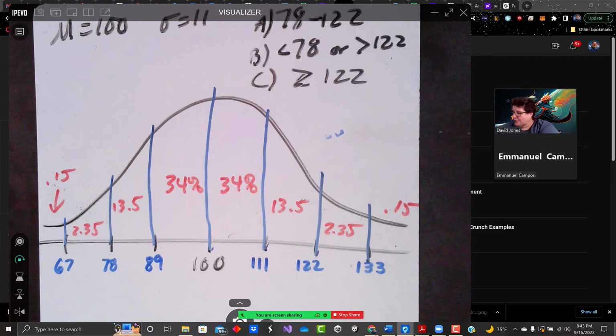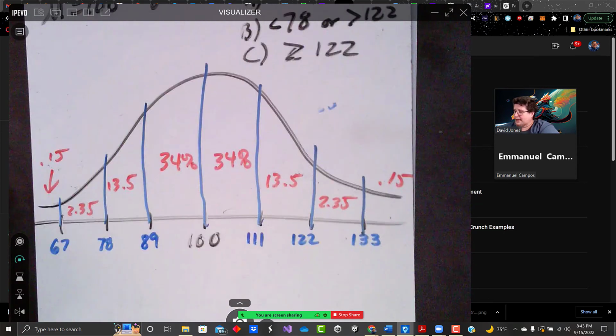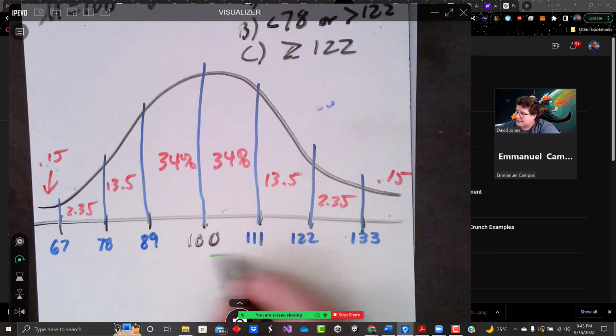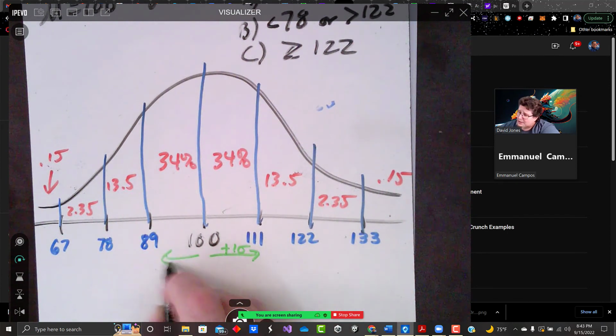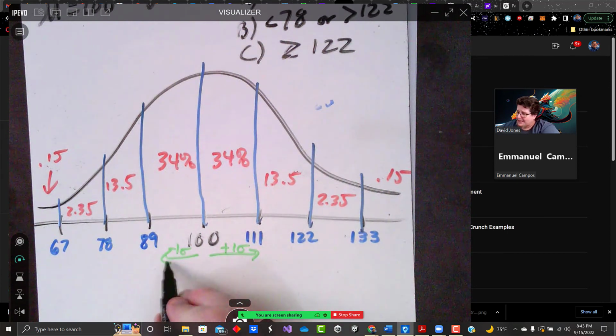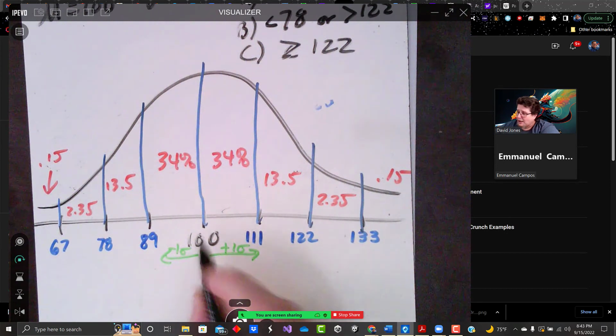Notice this is 1 deviation up, plus 1 deviation, and this is minus 1. So within 1 deviation either way, 34 plus 34 is 68%.